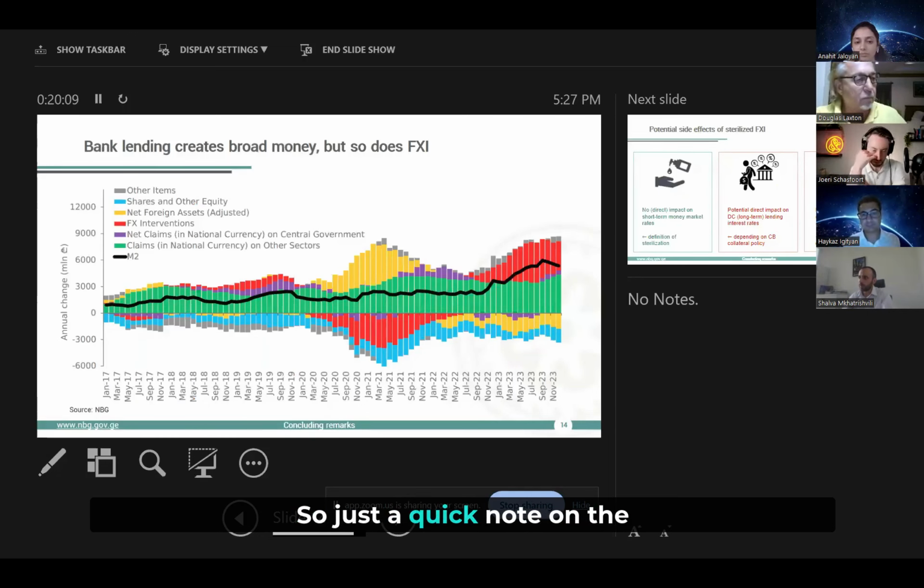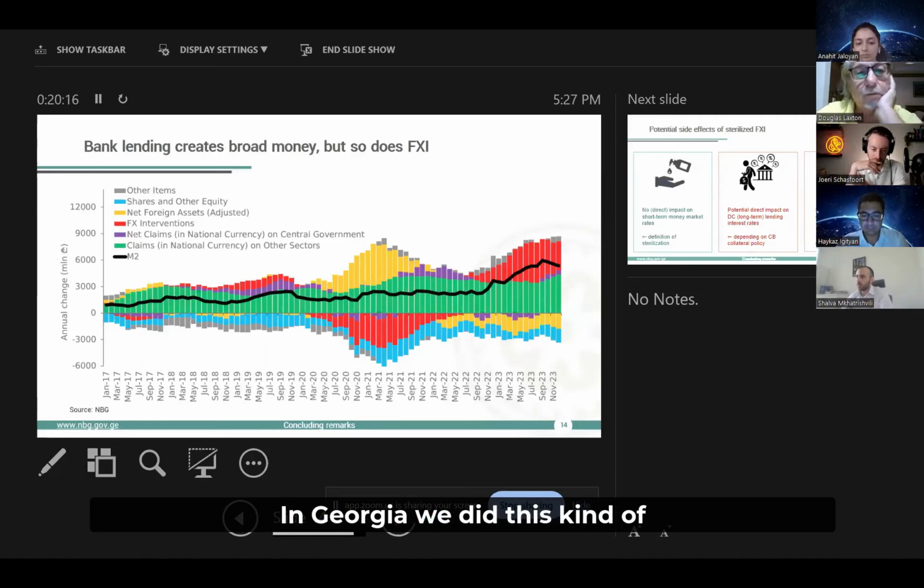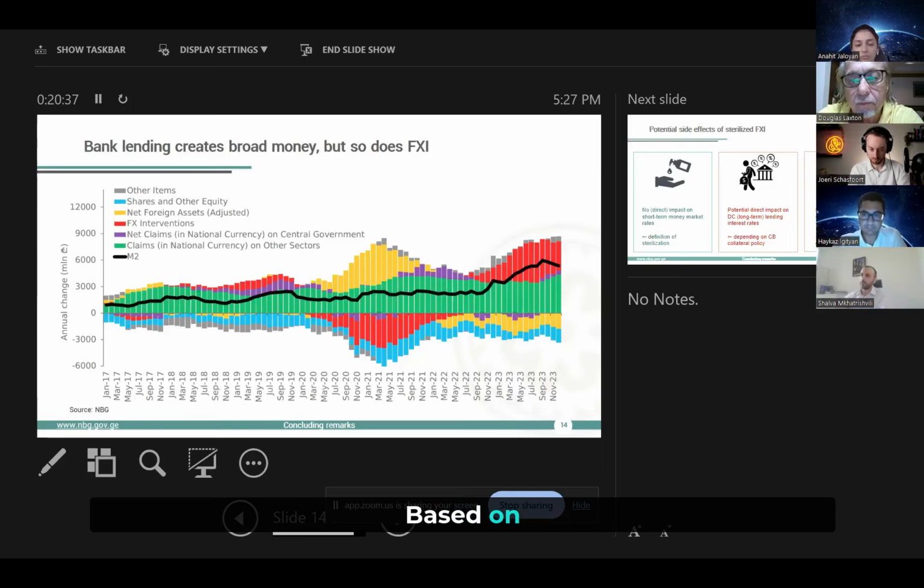So, just a quick note on the quantitative importance of this in Georgia. We did a mechanical, accounting-based decomposition of broad money change. We took M2, which is the broad money measure that we most frequently look at, looked at its change, and decomposed this change based on accounting identities.